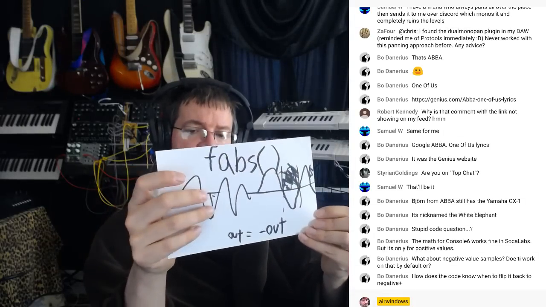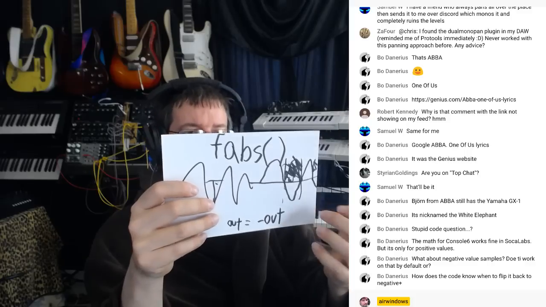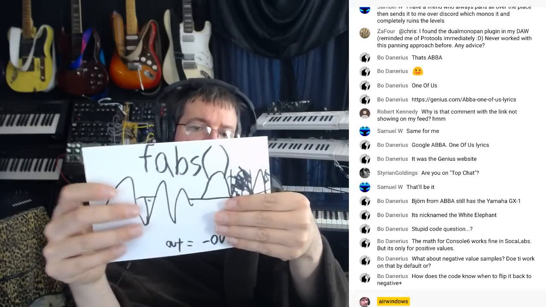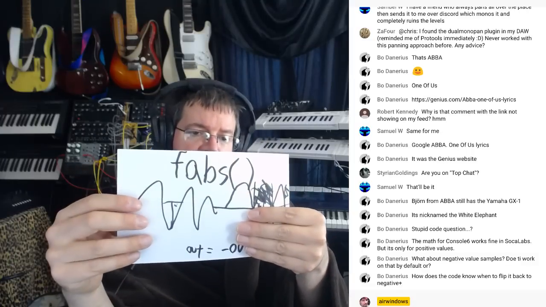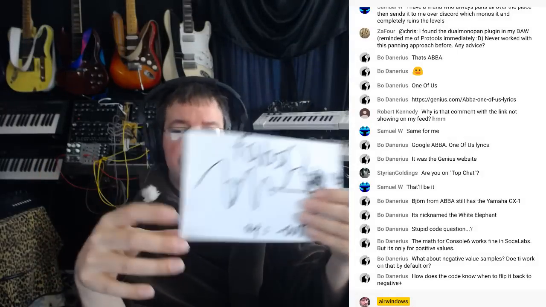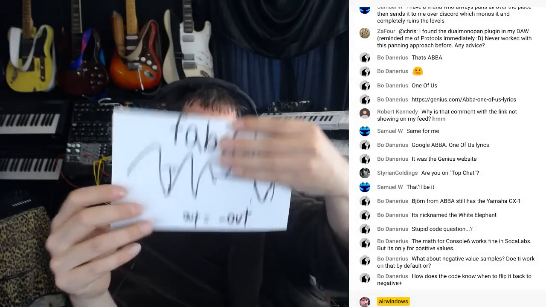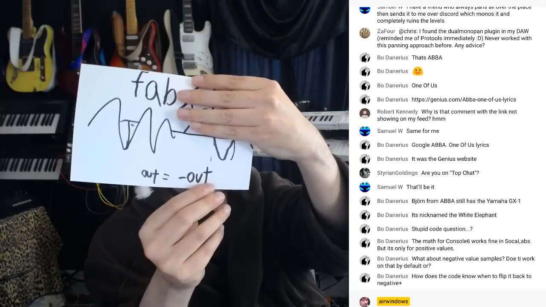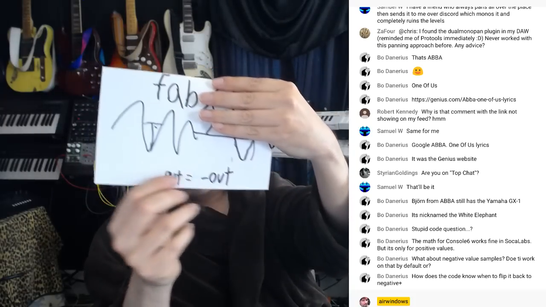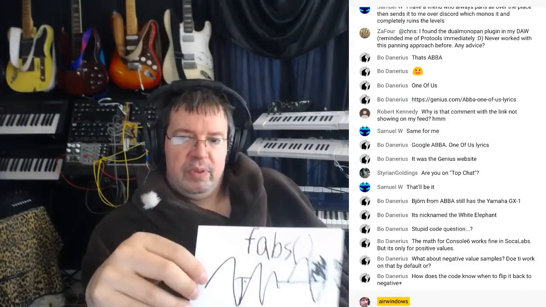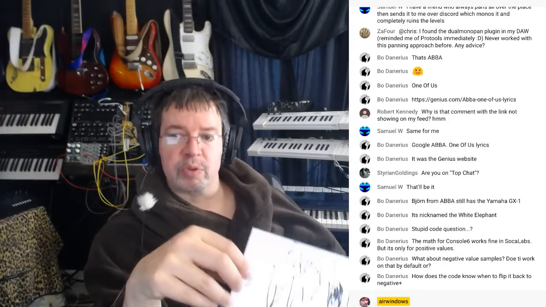If the input signal was negative, I'm using ABS to make all of the math work only on positive signals. And then once I'm done, I've got this thing that's always positive, and I'll look back at what I started with and go, okay, was I starting with something negative? If so, out equals negative out. I flip it back to negative. So I'm looking at where I started, at what the original sample was, and that's how the code knows when to flip it back to negative.